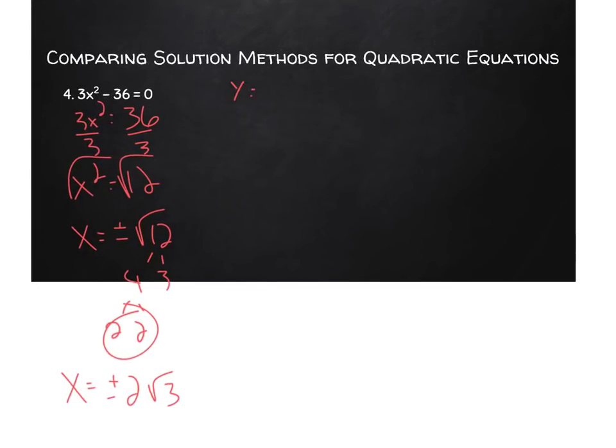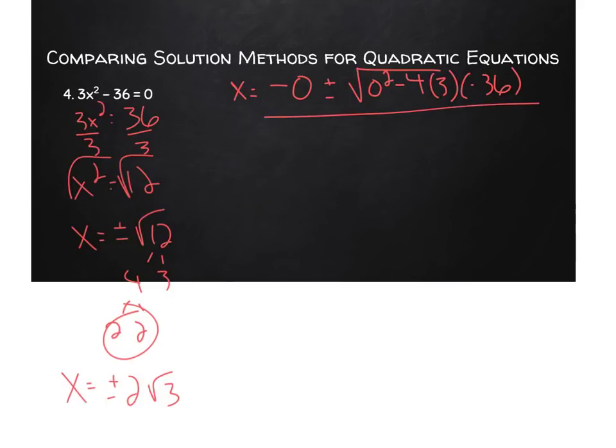We'd get x equals negative b, which in this case is 0, plus or minus radical 0 squared minus 4 times a, which is 3, times c, which is a negative 36, and then all over 2a.